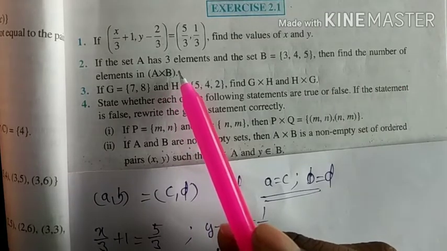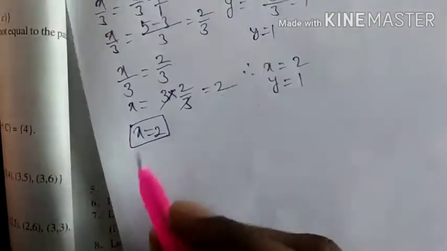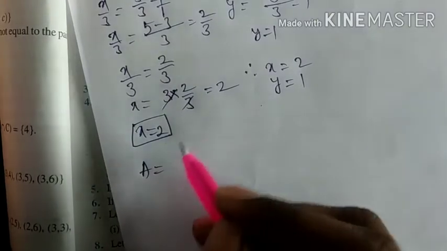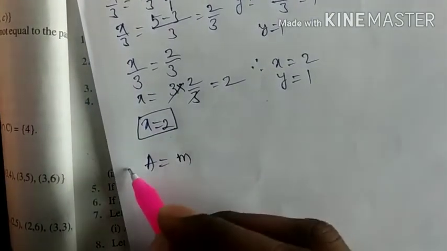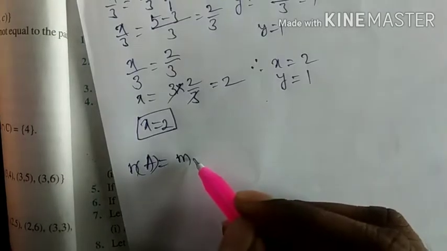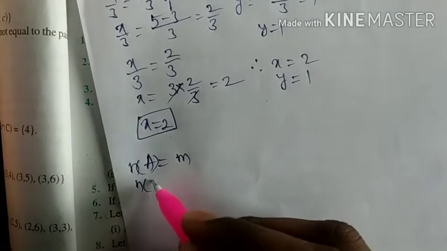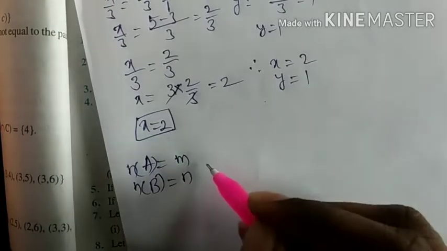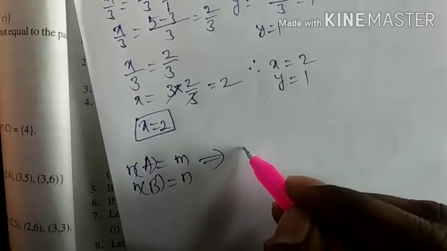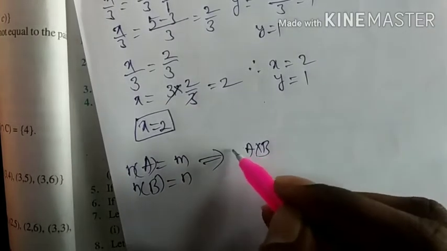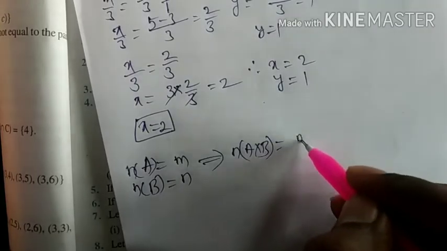For this problem I gave one basic point: if the number of elements in set A is m and the number of elements in set B is n, then the number of elements in A cross B is m into n.